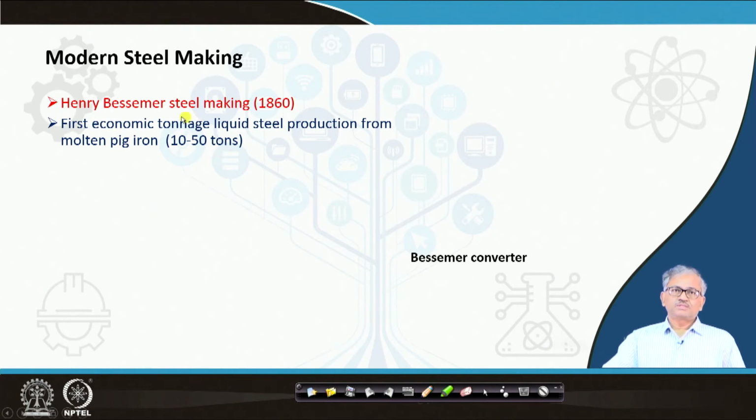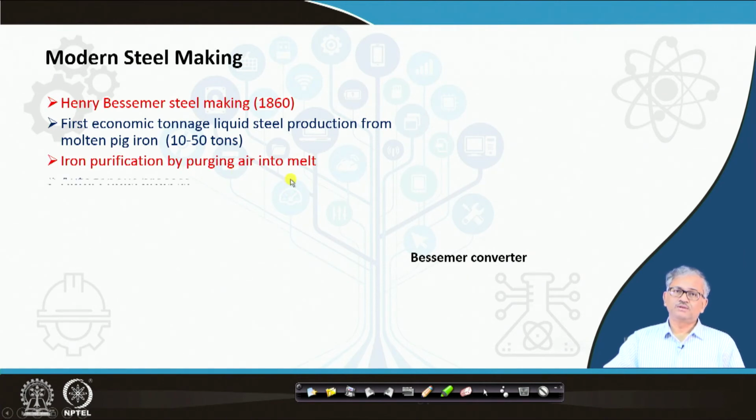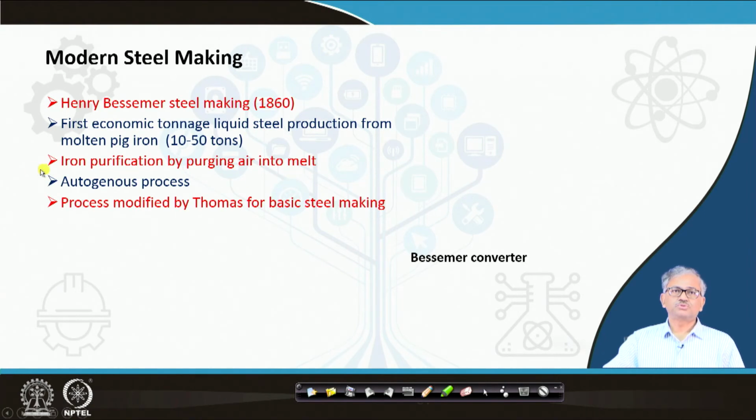So that was needed at that time: iron purification by purging of air into the melt. This is an autogenous process, because you are purifying the liquid iron by oxygen, oxidizing the impurities like carbon, silicon, manganese, and as a result you are generating a lot of heat, because all these oxidation reactions are exothermic.